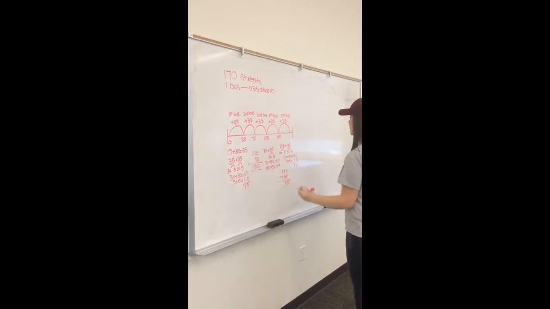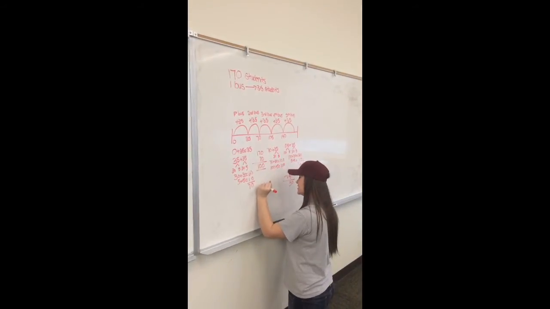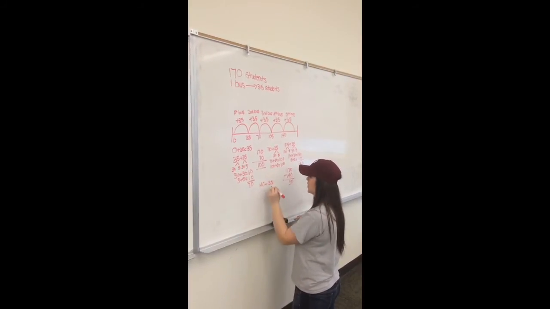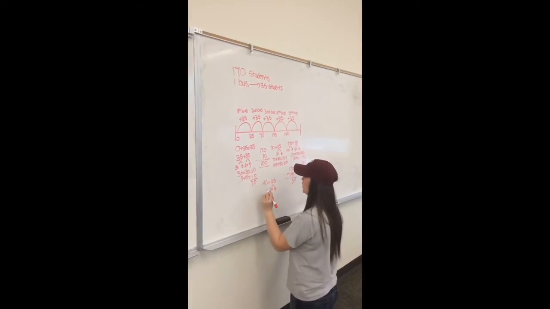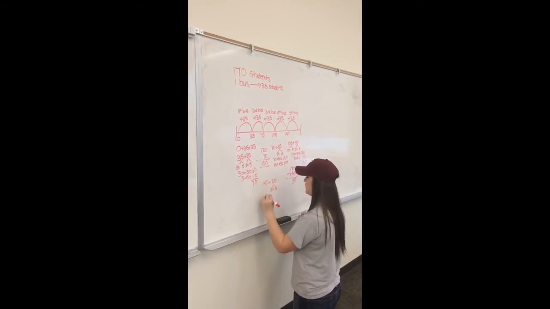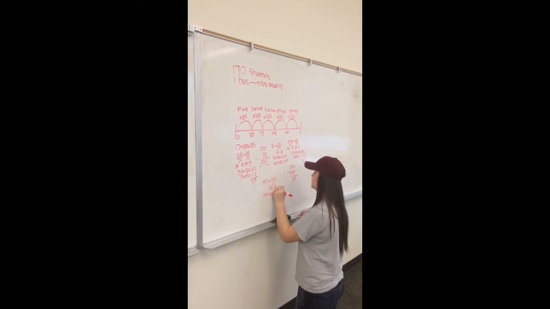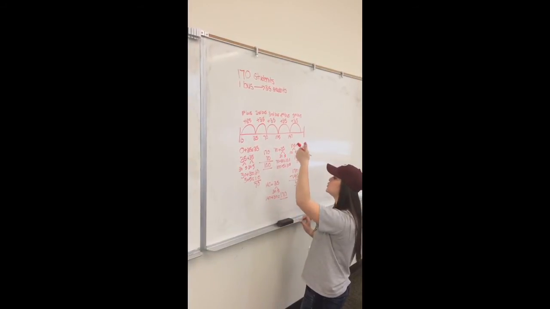So we're going to add the 140 seats that we do have with the 35 from the 5th bus. Again, breaking down our 35 into our 30 and 5. So 140 plus 30 equals 170, which is how many students we have.